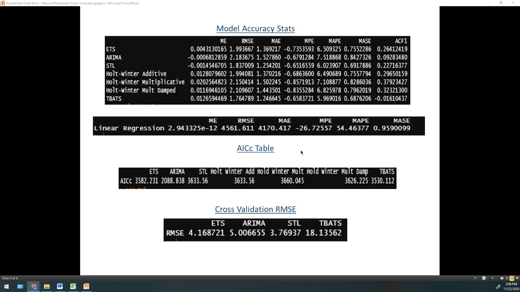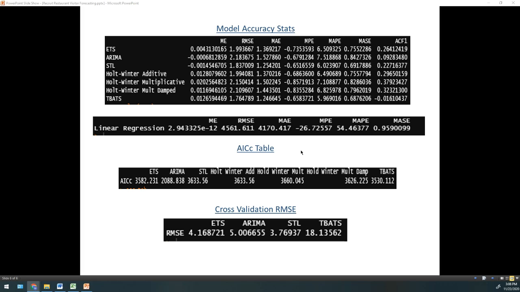So I did a cross-validation measure, and this is on a subset of the data because there's a lot of computing power that comes along with this. I did a cross-validation on 4 models: ETS, ARIMA, STL, and TBATS. That window, I believe, was around 7 months long.